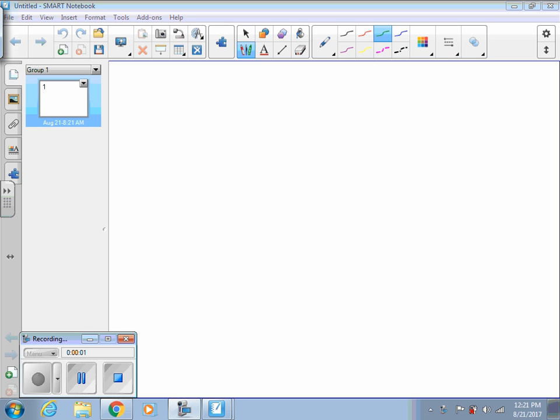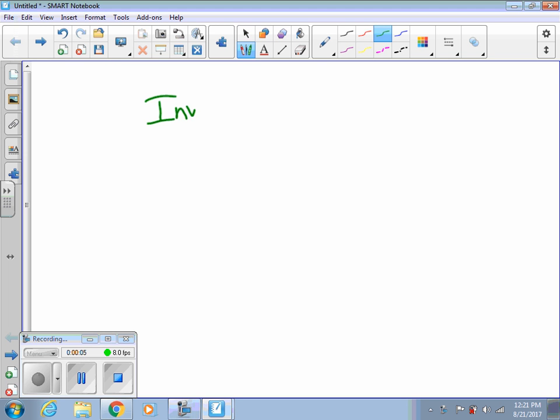Okay, so today we're going to talk about the inverse property of multiplication. Basically, the reason why we use the inverse property of multiplication is to get rid of coefficients when we're solving equations.